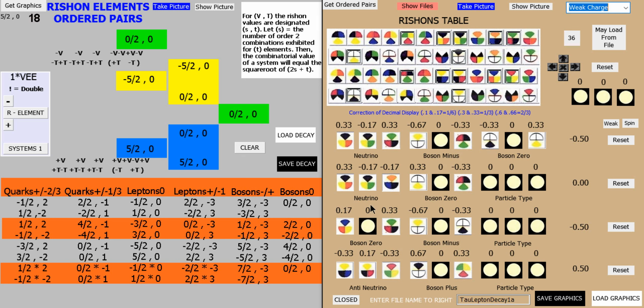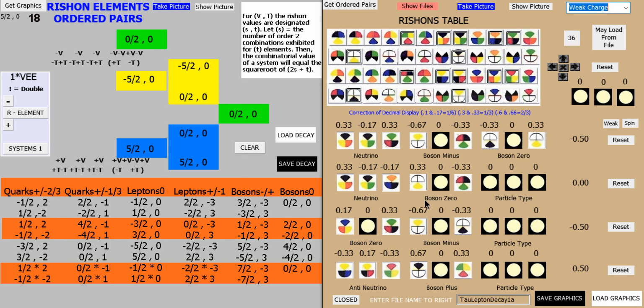Now let's look at the decay products. As we indicated earlier, the spin on the generic neutrino changed from left-handed to right-handed. And so, according to the standard model, we should have a 0 weak charge. And we see we have minus 2/6 plus 2/6 is 0.